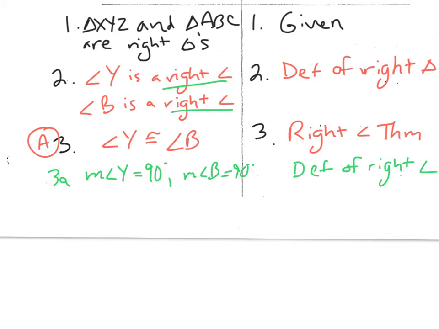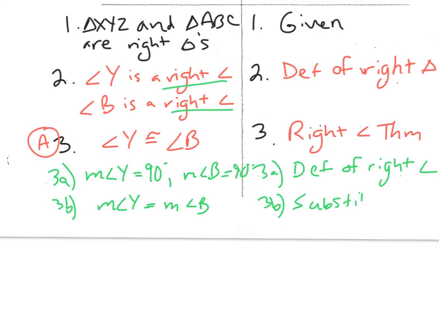So this would be a 3A step. And then 3B would be measure of angle Y is equal to measure of angle B, substitution, or transitive property. Okay, so either one of those would work.